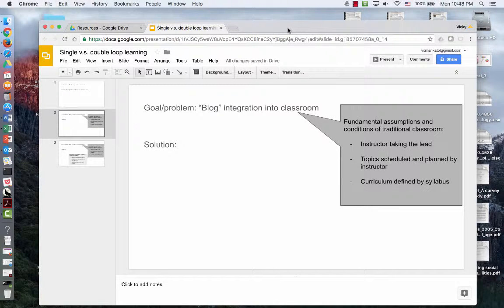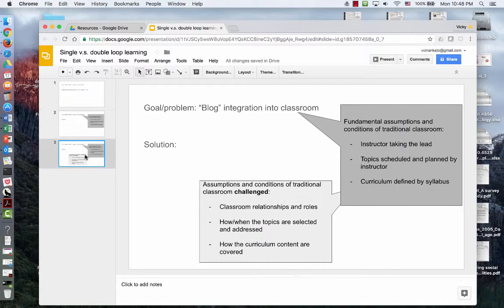And this process really enabled the instructors to understand the effects of new technology and understand that the new technology has great potential to redefine the classroom relationships, redefine the different roles in the classrooms, and even determine to some extent how and when the course topics are selected and addressed, or even how the curriculum content is covered.